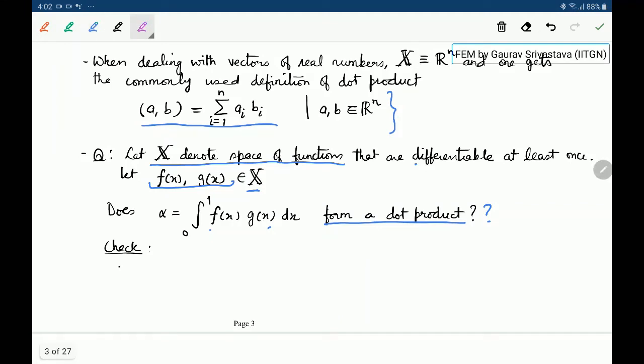Which means, is f comma g equal to g comma f? Of course the answer is yes, because integral 0 to 1 f g dx is the same as integral 0 to 1 g f dx. Similarly, you can check the other properties and you will realize that this indeed is a dot product.